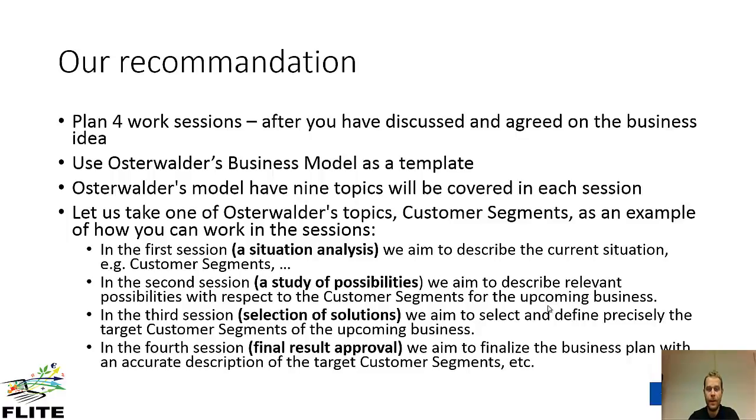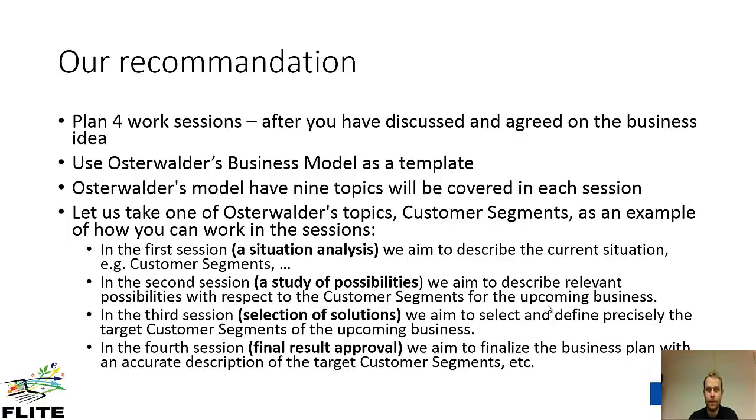So here you can see that customer segments was an example, but you see what we do. We start by taking the 9 Osterwalder elements, and we look at what the situation is regarding these elements today. And the next thing we do, we look at, okay, this is the situation, but are there any other possibilities that we might follow? And when we have described the possibilities that exist, then we move to the third session.